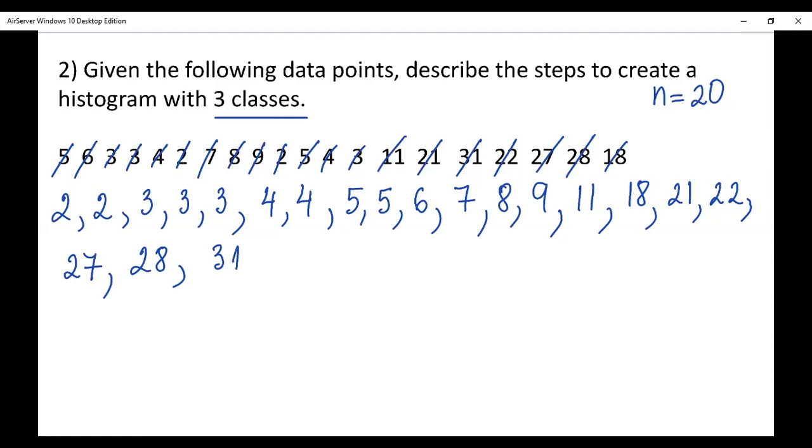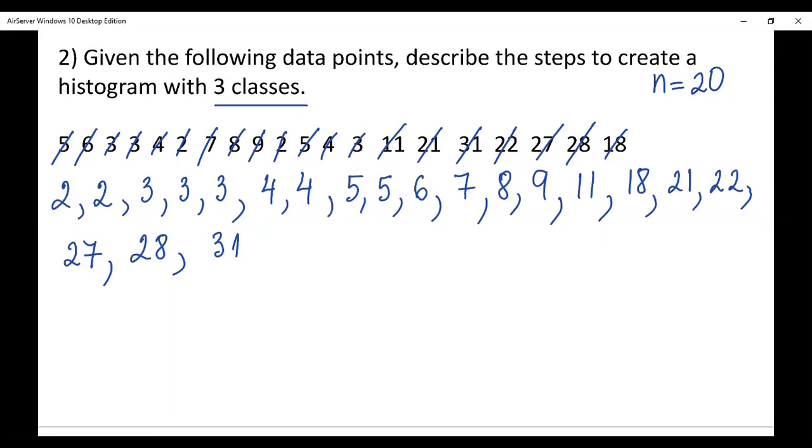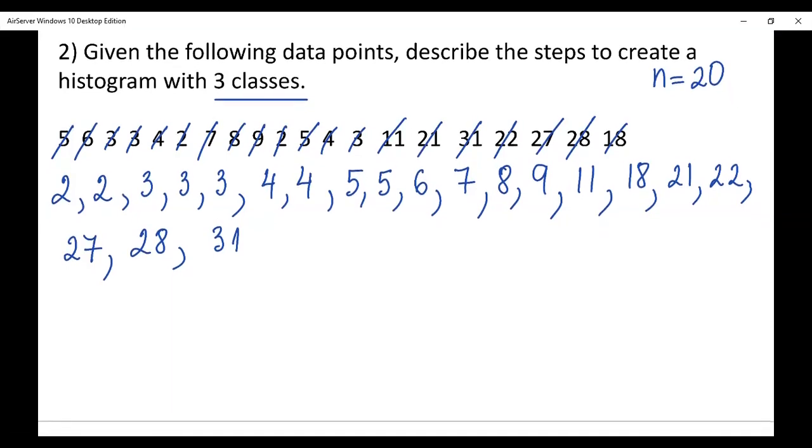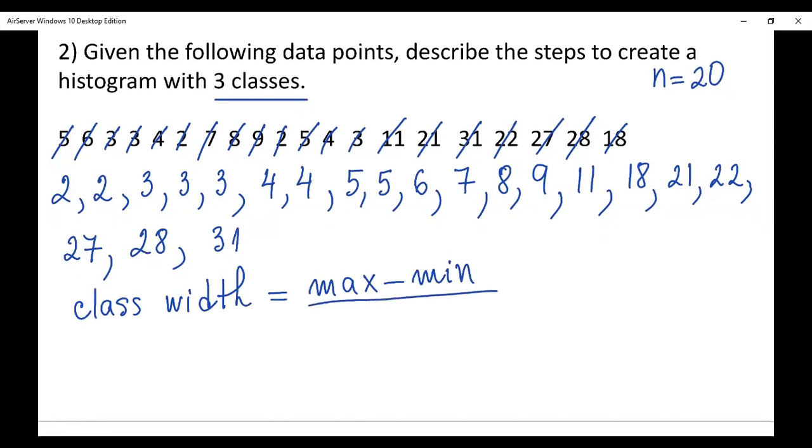So how to find the class width, how wide each interval is. If you remember, the class width was the maximum number minus the minimum number, and we need to divide this by the number of classes.